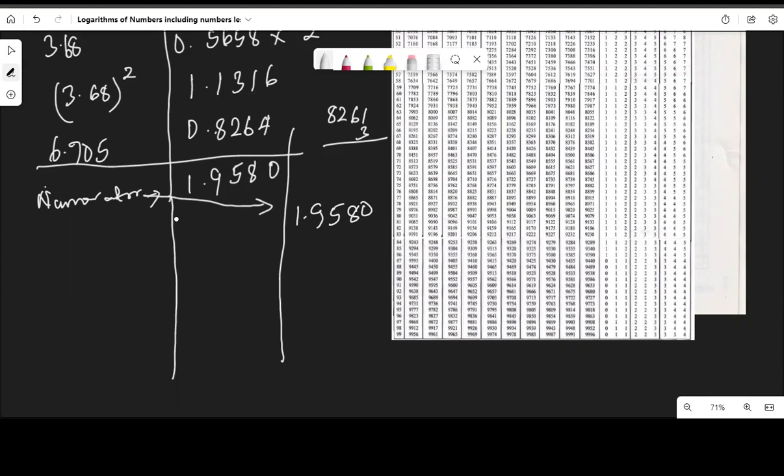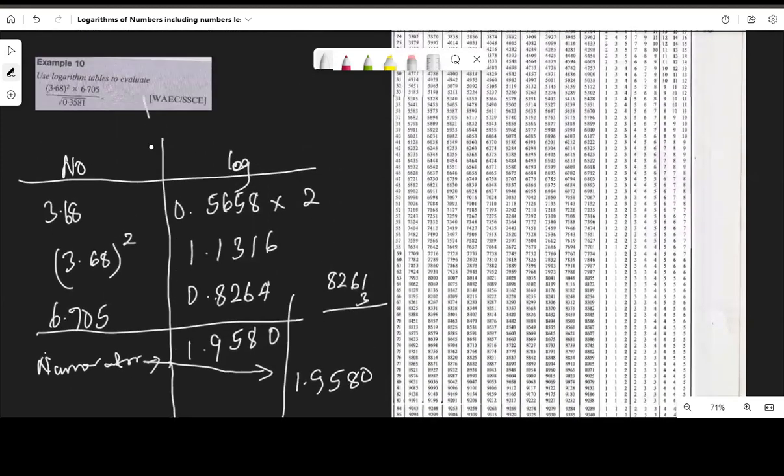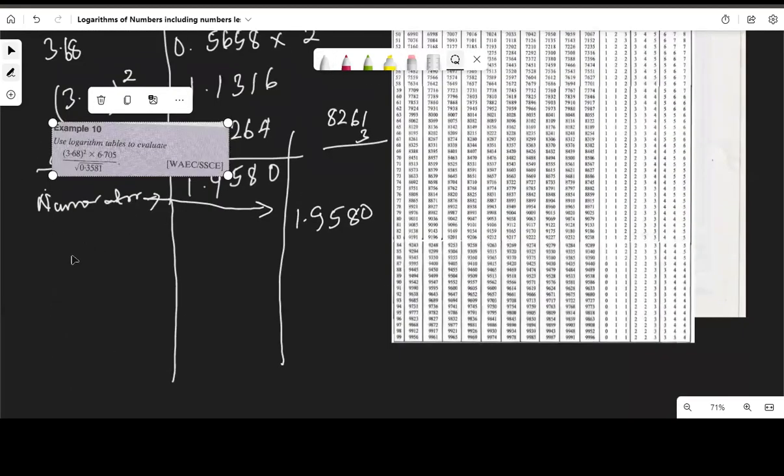Then for the denominator, let me shift this number down. The denominator will have the square root of 0.3581. The characteristic here is bar 1.